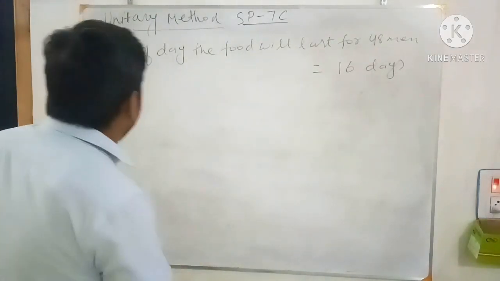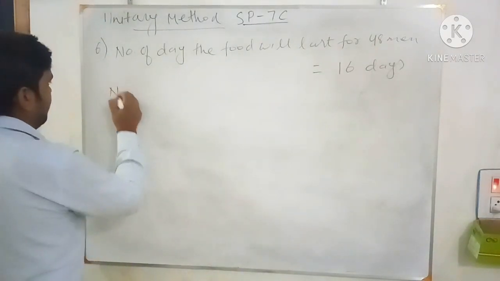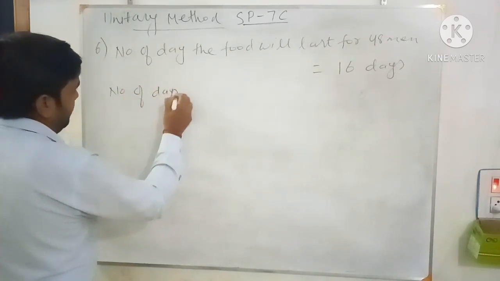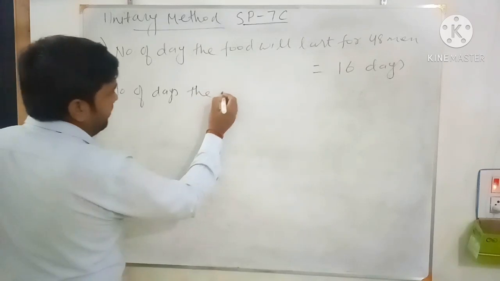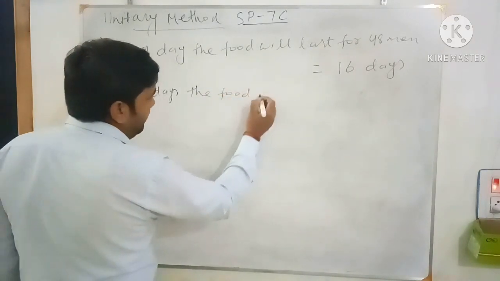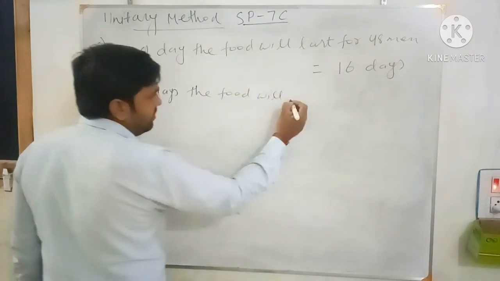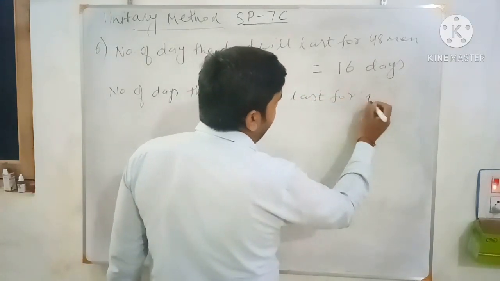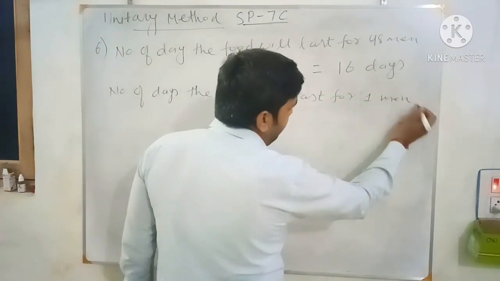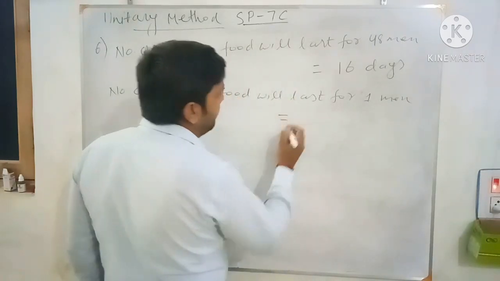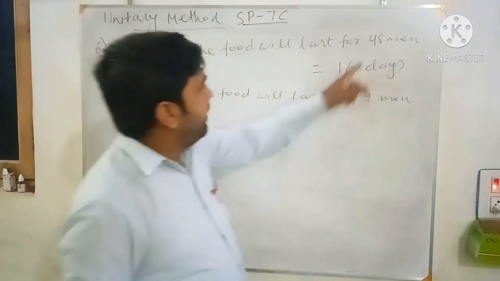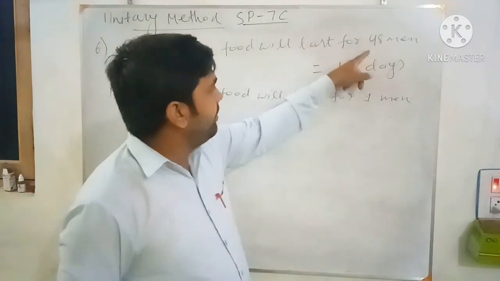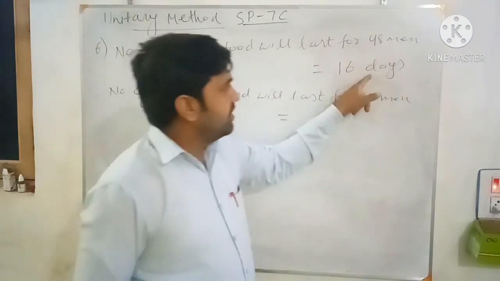Now if you decrease the number, the number of days the food will last for one man. 48 men can survive with the same food for 16 days.